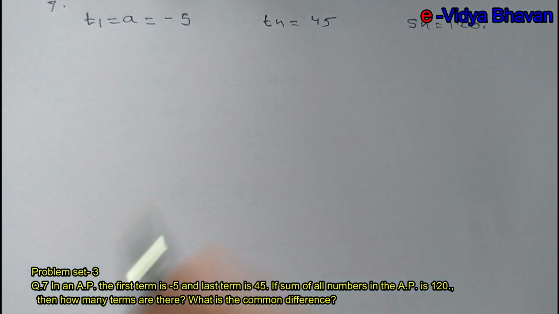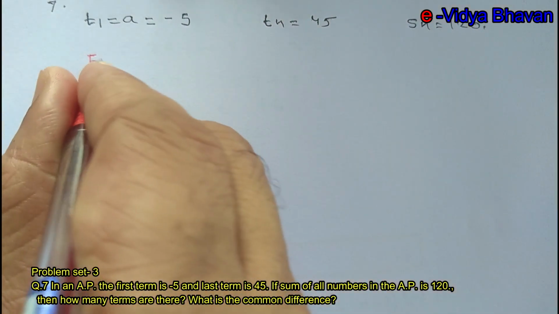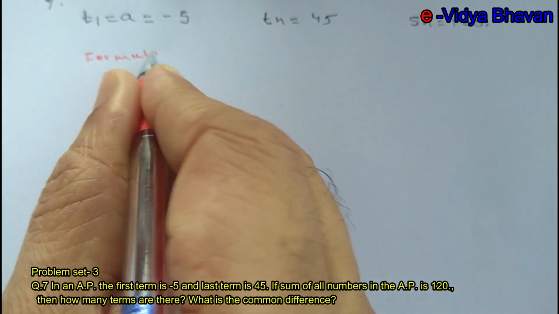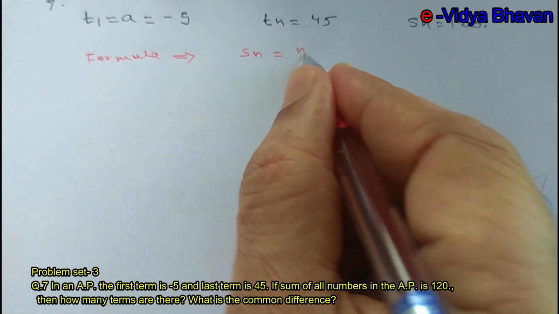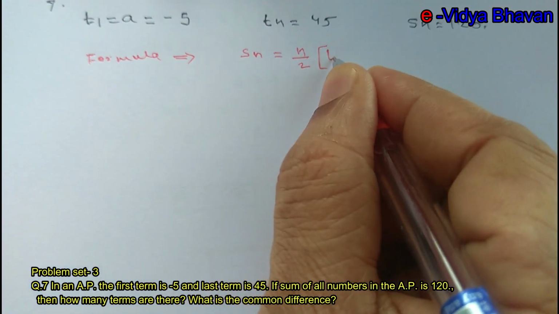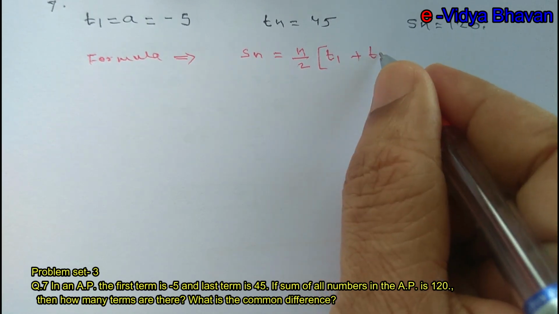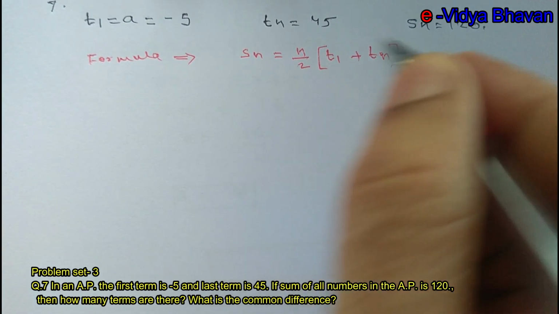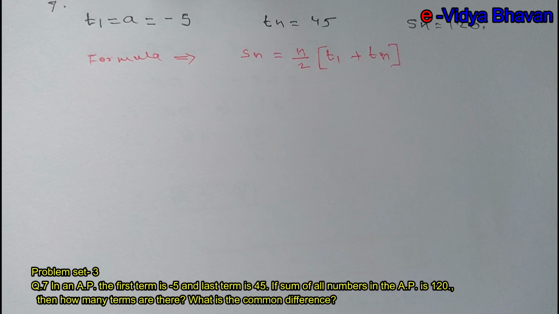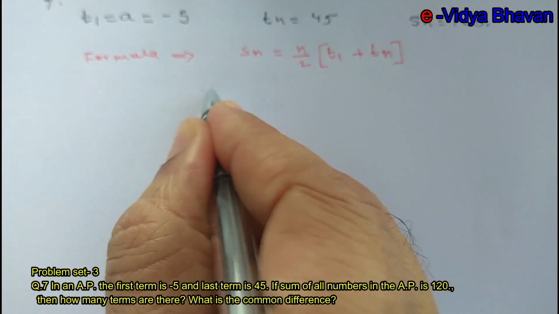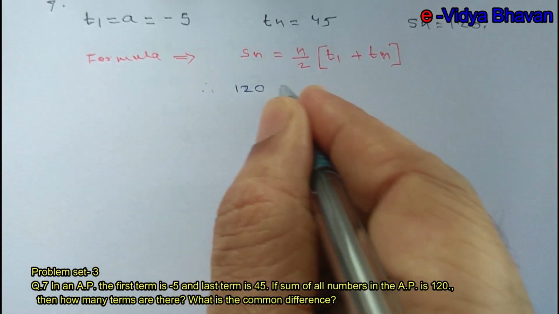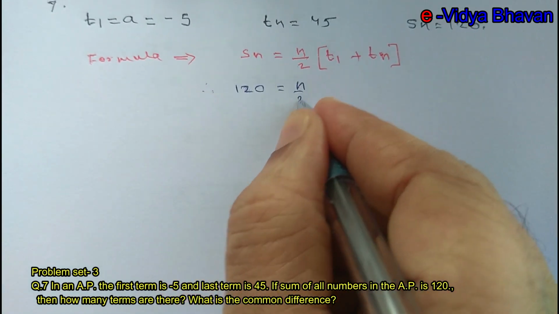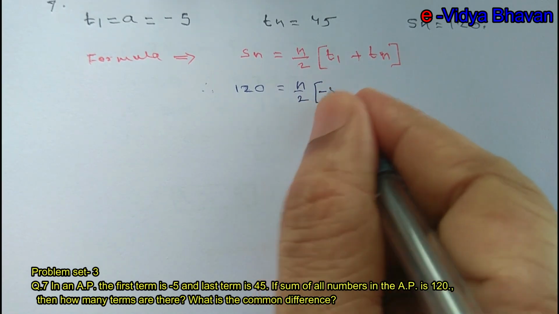Now, we have formula for Sn. Sn equal to n upon 2. Second formula we'll use, T1 plus Tn. Therefore, Sn is 120. n we don't know. First term we know minus 5.